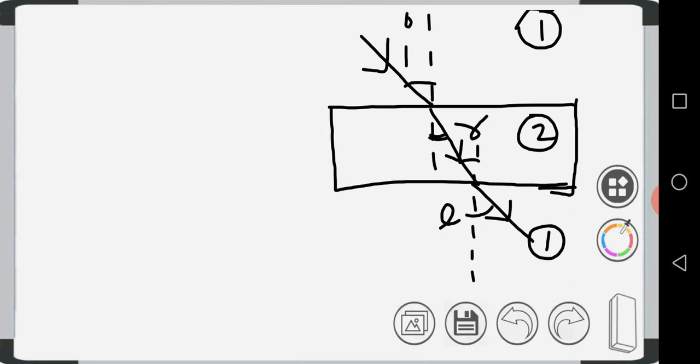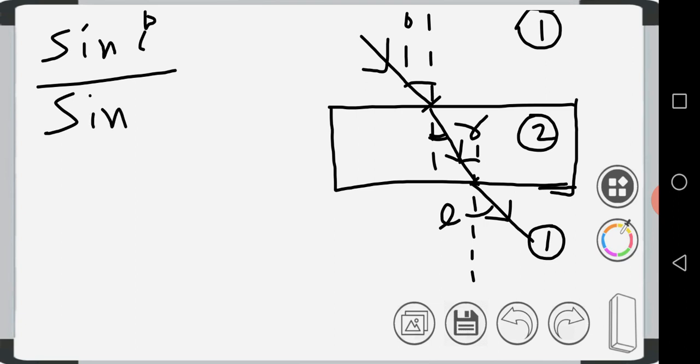If you want to write Snell's law for two refractions, refraction 1 taking place here and refraction 2 taking place here, for the first case I will write sine of I by sine of R equals mu 2 1.